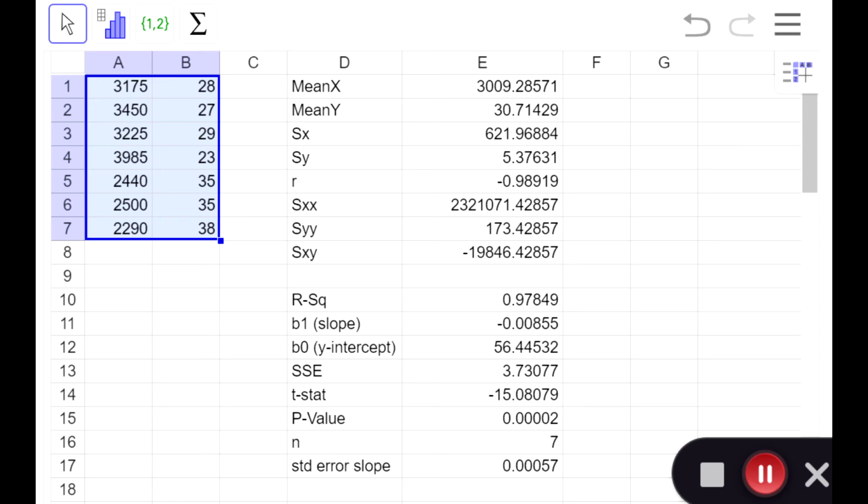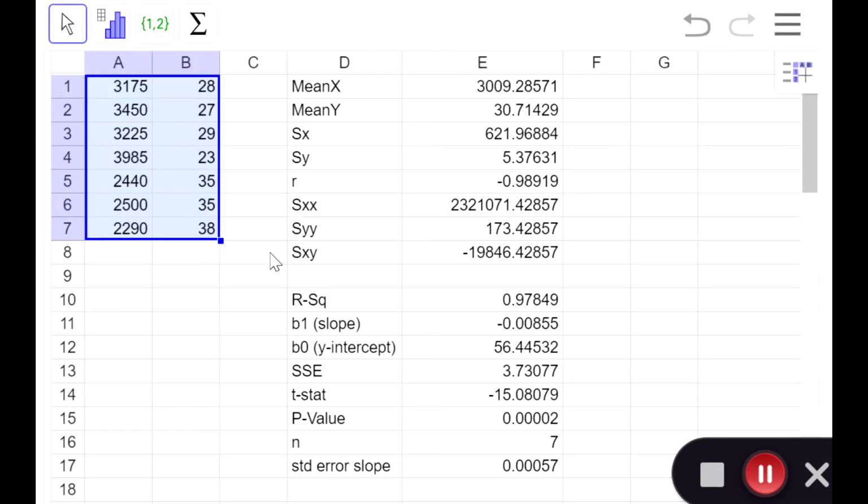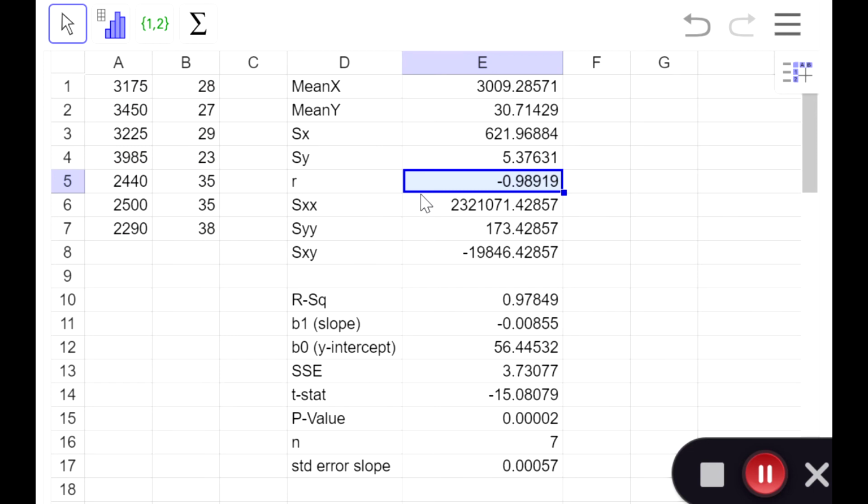I want to make sure I get it all. We have 7 data points. Okay, 7 data lines. So you can also see your R here. You can also go through and calculate your slope and intercept here.